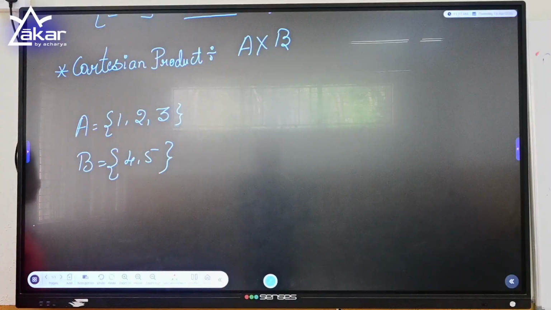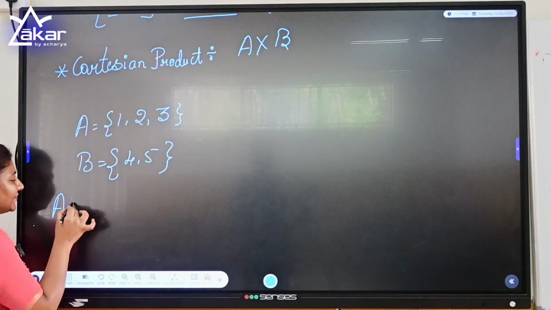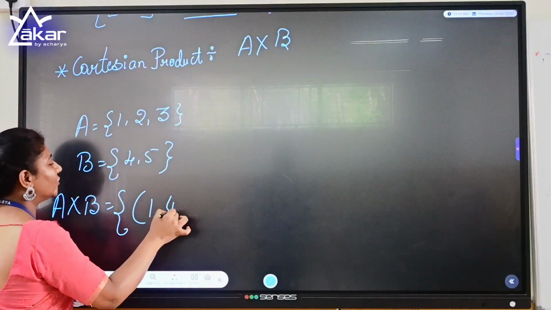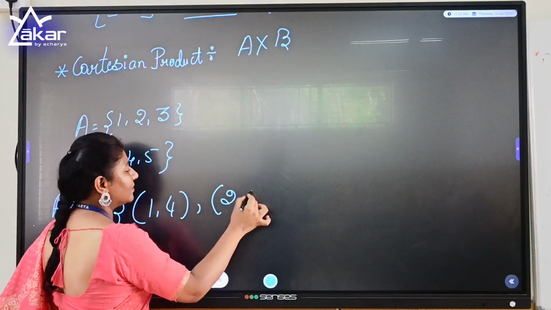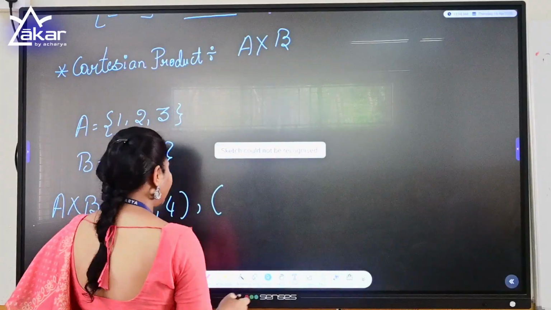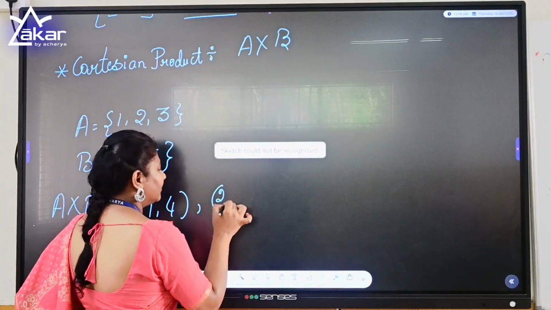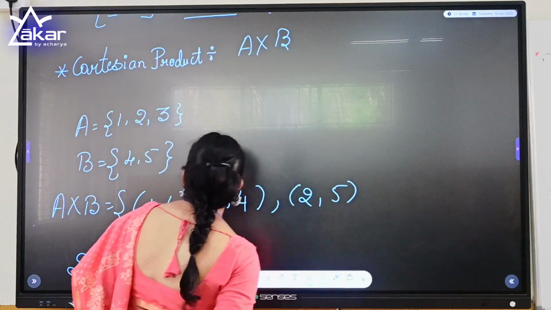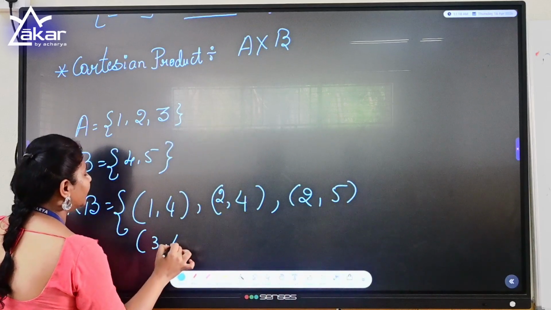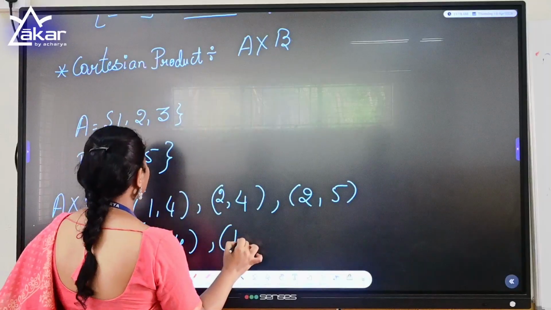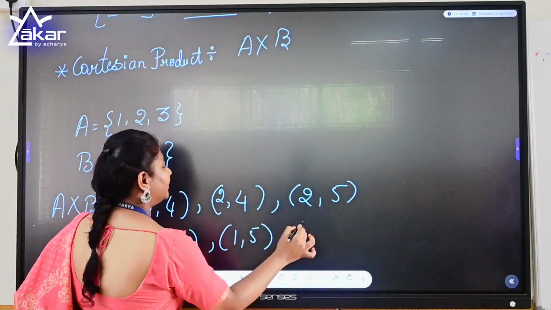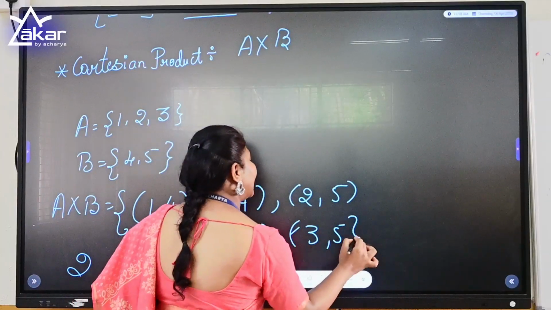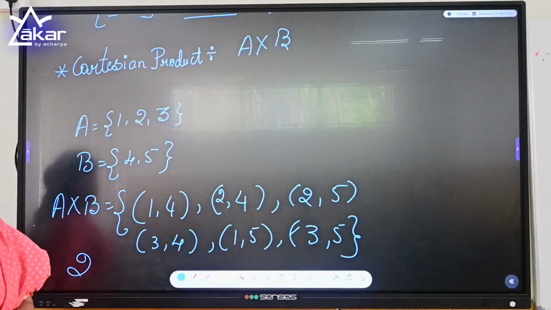What is the Cartesian product A cross B? A cross B is (1,4), (2,4), (3,4), (1,5), (2,5), (3,5). Like this we find the Cartesian product.